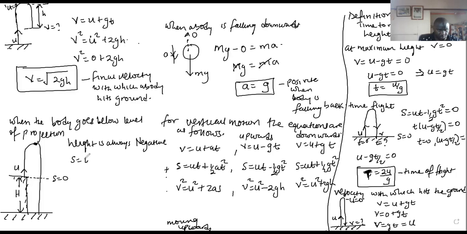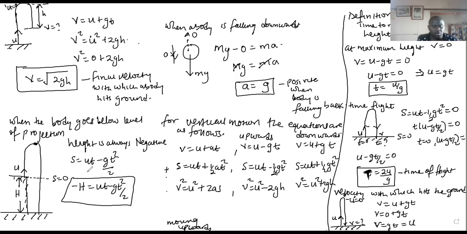From s = ut - gt²/2, because we are looking at the motion from the beginning, you take it as if it's a body going upwards. That's why I'm using g negative. Then I'll have negative h = ut - gt²/2. This is the relationship we shall use when a particle has gone below the level of projection.